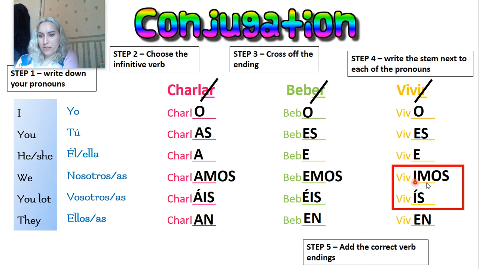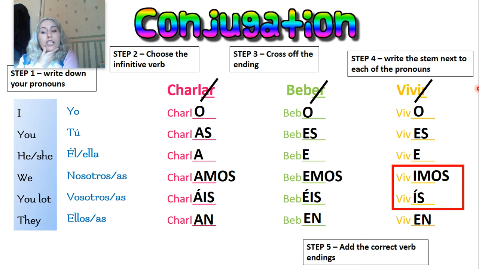So instead of amos, it becomes emos, and instead of áis, it becomes éis. So let's just go over that again. You've got AR verbs o, as, a, amos, áis, an. ER verbs o, es, e, emos, éis, en. And you have got IR verbs o, es, e, imos, ís, en.